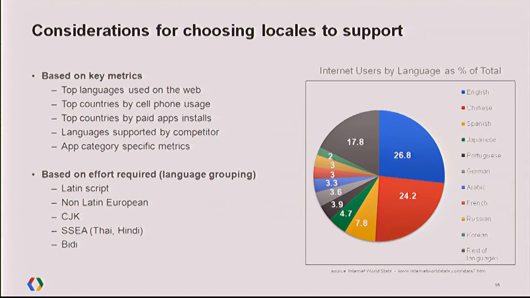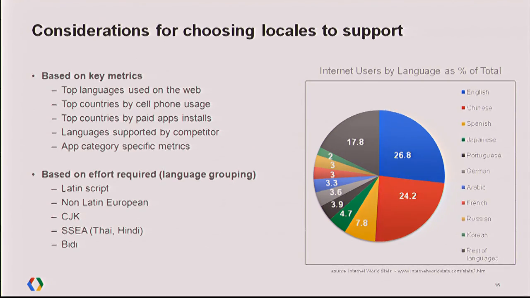Let's look a little more carefully here. If you pick the top 5, you include Chinese. If you include the top 10, you also include Arabic. These are languages that require special handling for doing localization and internationalization correctly. So you might want to do some cherry picking in terms of which languages you want to localize your app into, based on where you are.